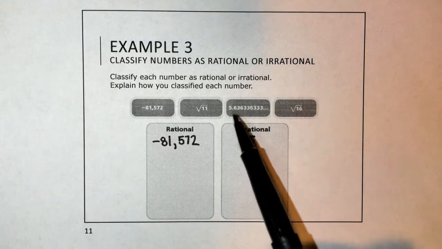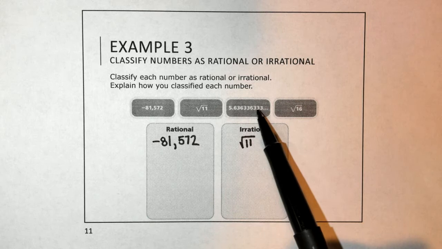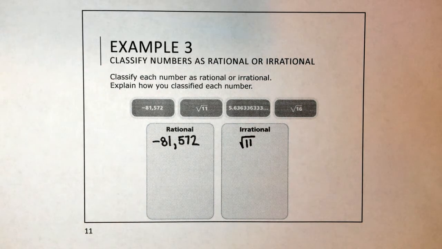This next number is 5.636336333, okay? And those 3 dots means that it's going to keep on going, so it's not terminating. So that's one part of an irrational number. And then it also can't repeat. So you see that there's a little pattern going on there, but it's not a repeating pattern.